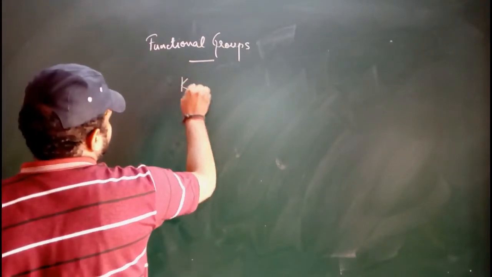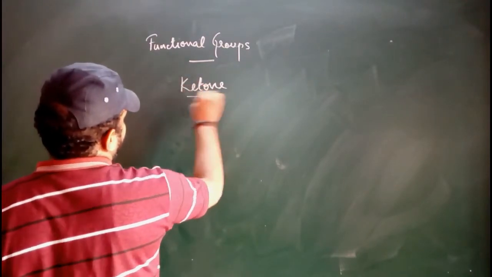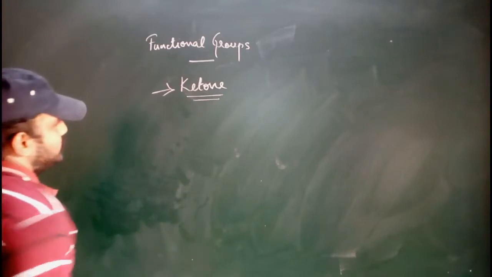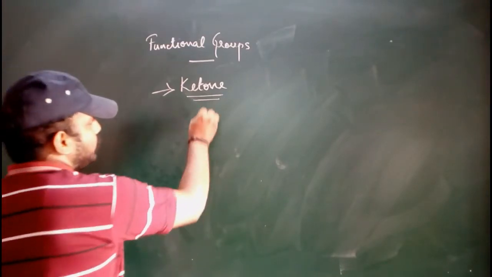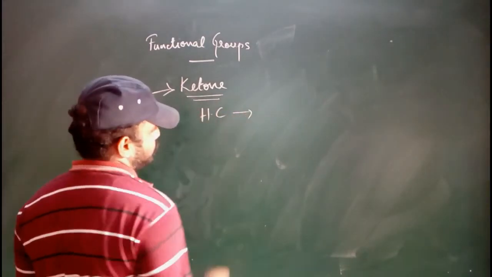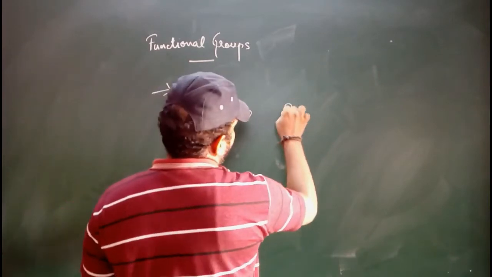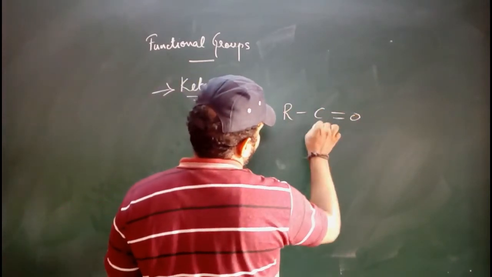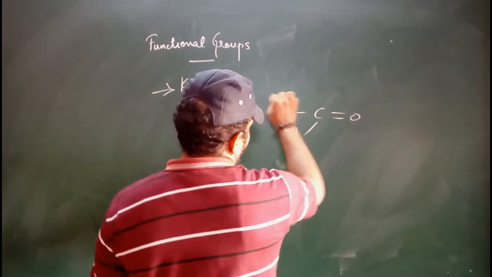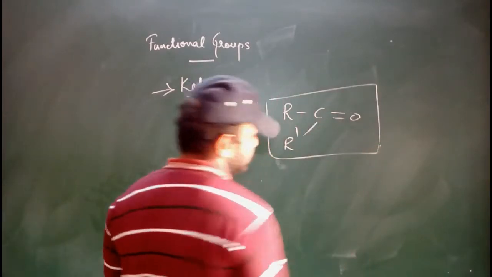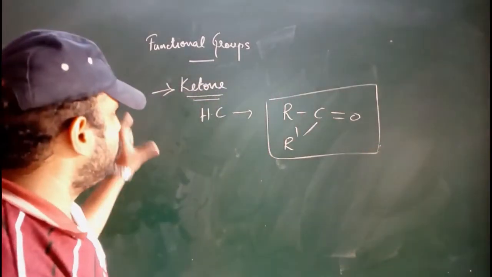Let's see the next one. What is the next one? Aldehyde over. Next one is ketone. What is this ketone? So a hydrocarbon containing a functional group. How will the functional group look like? RCOR dash. Okay, RCOR dash is the general molecular formula for ketone.